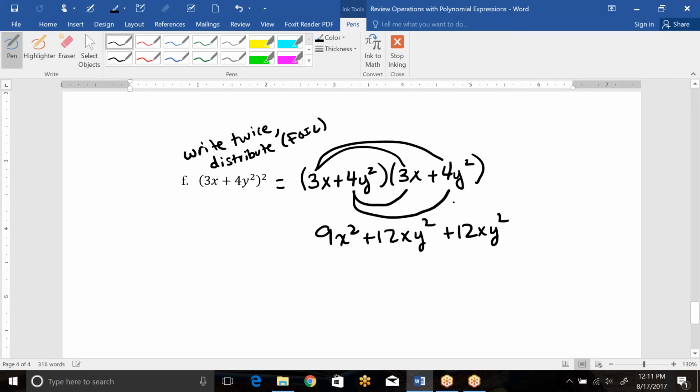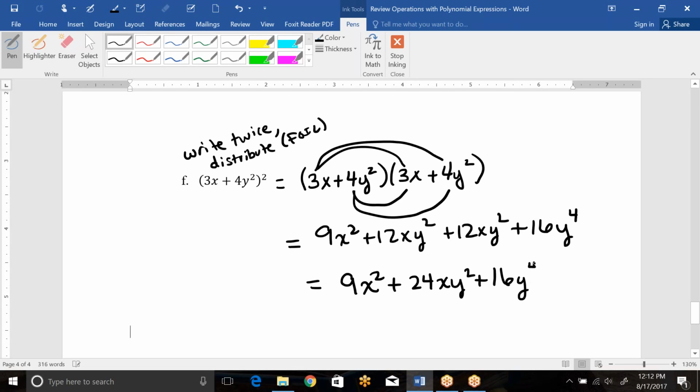And 4y squared times 4y squared is positive 16, and then y squared times y squared is y to the fourth. Notice that our middle terms are still here. They don't cancel out. They actually are the same, so they add together. So it's 24xy squared, and then plus the 16y to the fourth. So that is my squaring of that binomial.